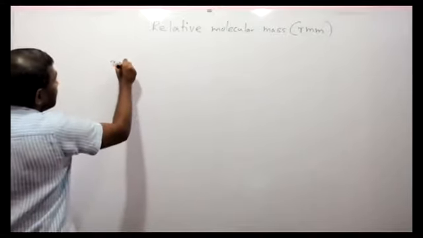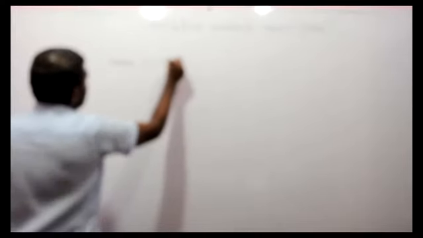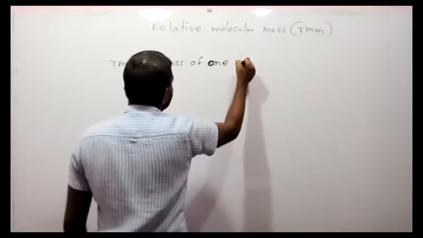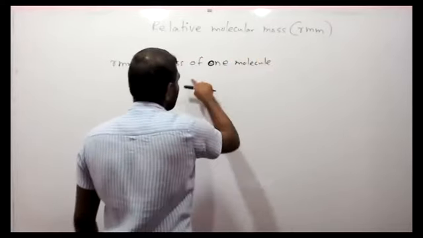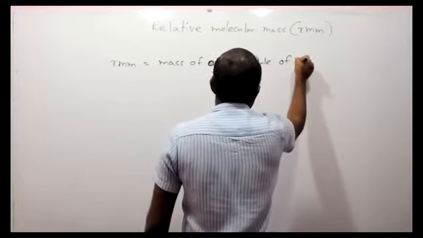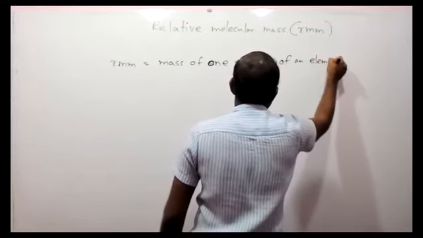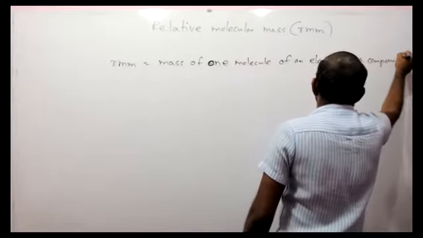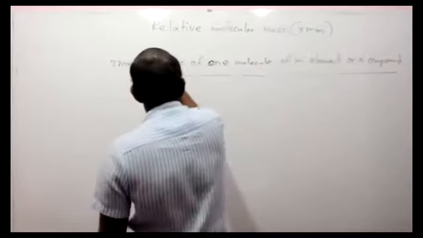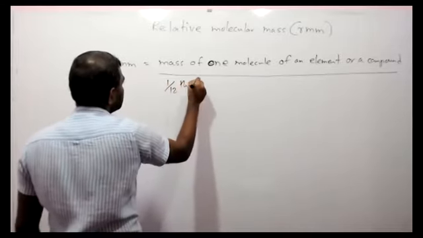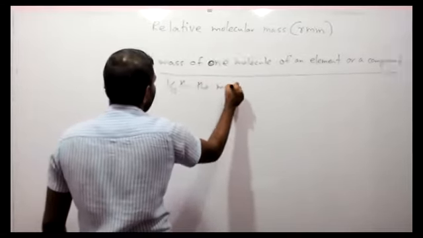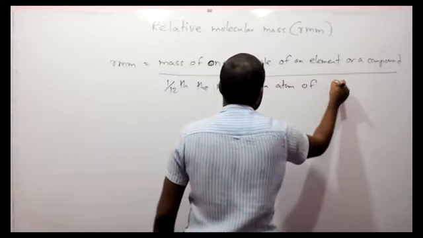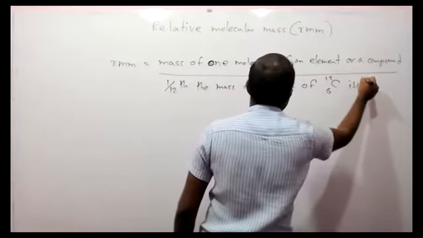Mathematically, we can say RMM equals the mass of one molecule of an element or a compound divided by 1/12 the mass of an atom of carbon-12 isotope.